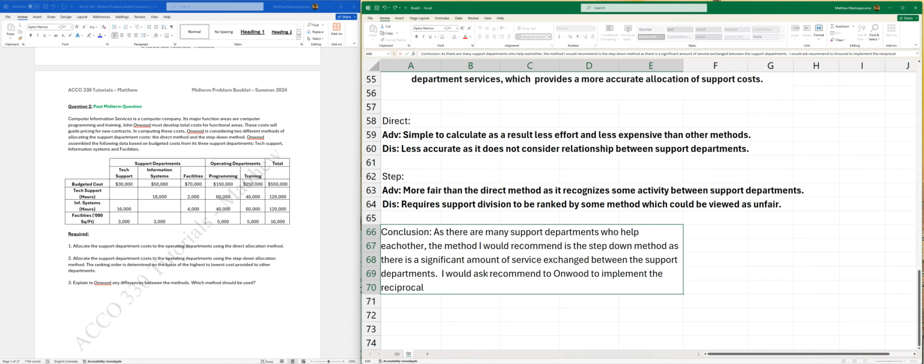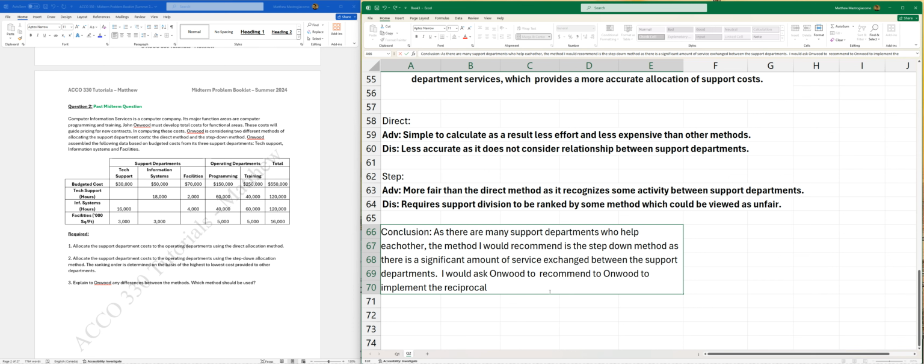I would recommend Onwood to implement the reciprocal method. I would ask Onwood to also consider to do the, because basically what I'm trying to say is basically inform Onwood that the reciprocal method exists, let him do his own research into it, and then afterwards you could tell him maybe do this.